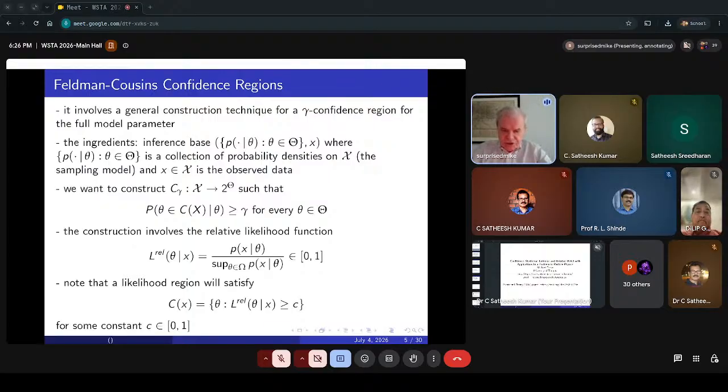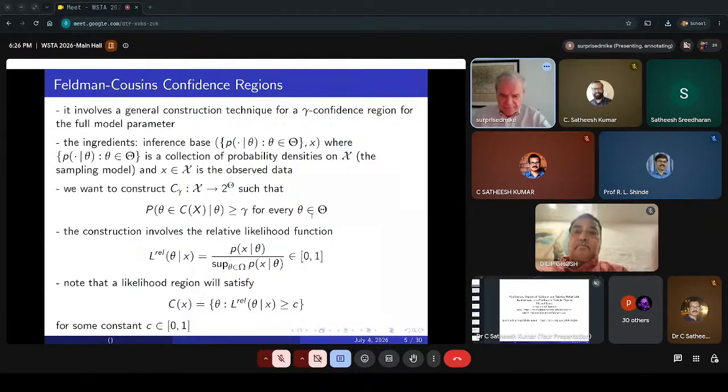And we want to construct a region, call it C sub gamma, that goes from the sample space into the set of subsets of capital Theta, such that the probability that the true value of theta is in this region is at least equal to gamma for every theta in the parameter space. Everyone is familiar with that.